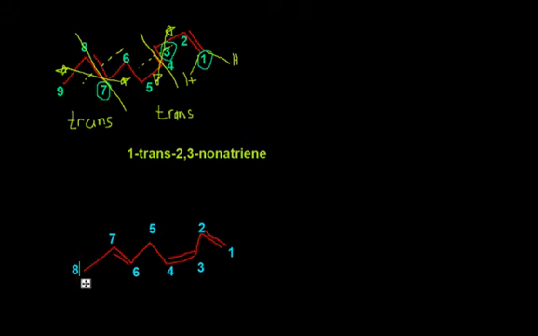Identify which ones your alkenes start on. So they start on 1, they start on 3, and they start on 6. So we see that this one here, because to go from one heaviest group to the other, you have to cross the middle. So this is a trans.